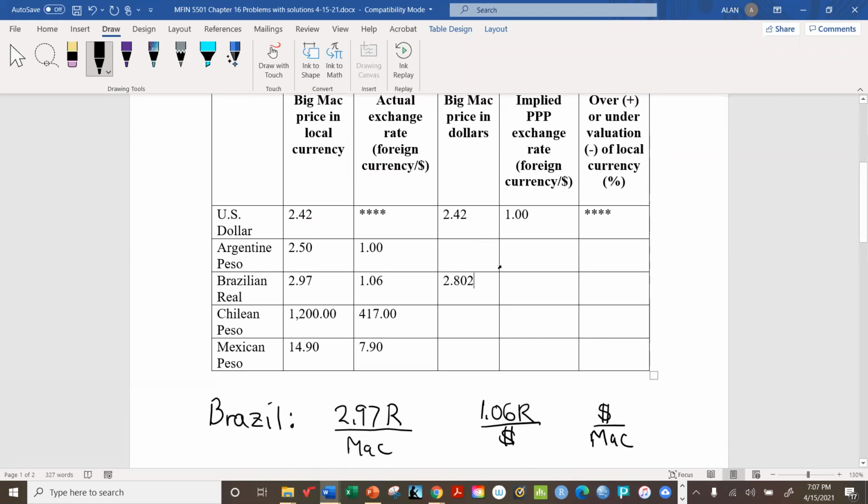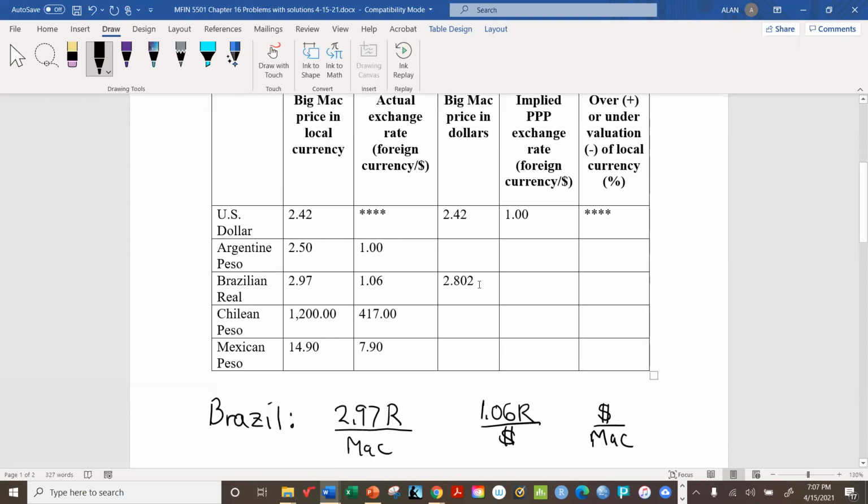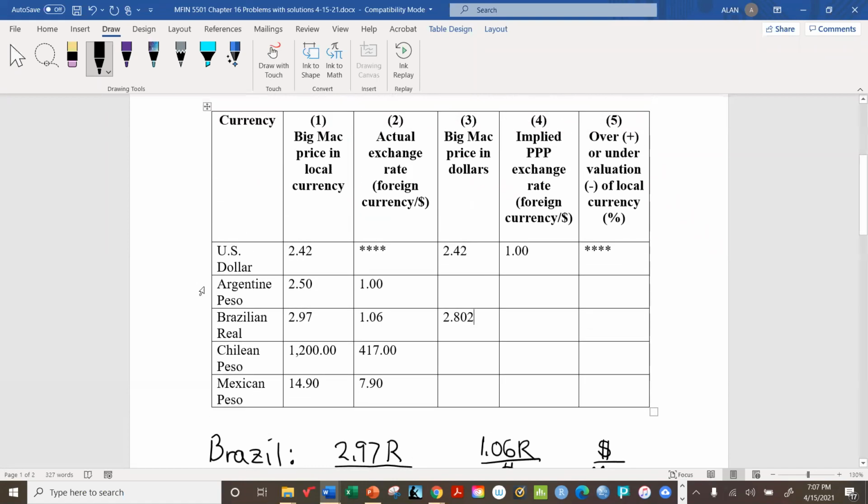So if I trade my reais for dollars, it should cost me $2.802, or the equivalent of it, to buy a Big Mac in Brazil, compared to the price in the United States, which is $2.42. So that means that PPP does not hold, because if PPP really held, this entire column would all be equal to 2.42. But that's not happening. Already we can see there's a problem.